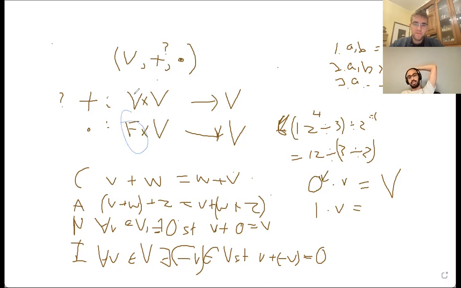Yes, with the field. So my point is there's 0 and 1 here. And actually, sorry, I have it wrong. This is 0 times v equals the neutral element.